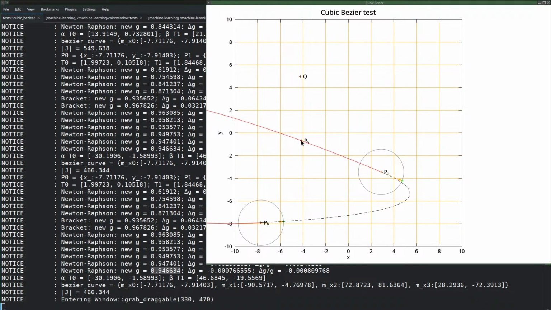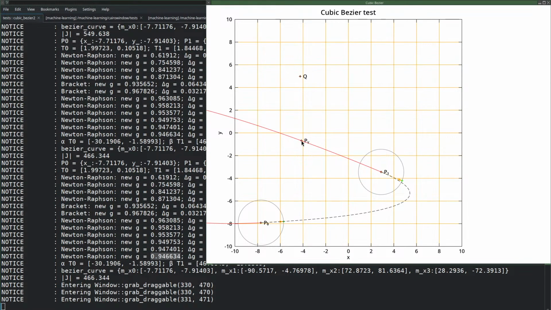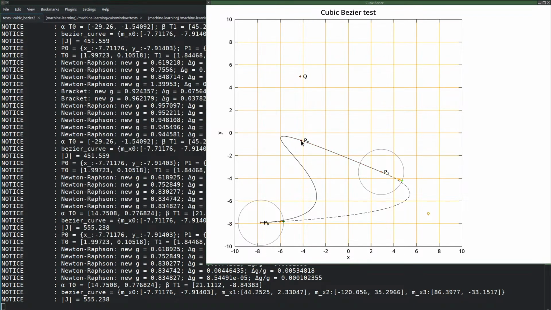If I change this a tiny little bit. Oh. Well, that's surprising. It's still 0.83.